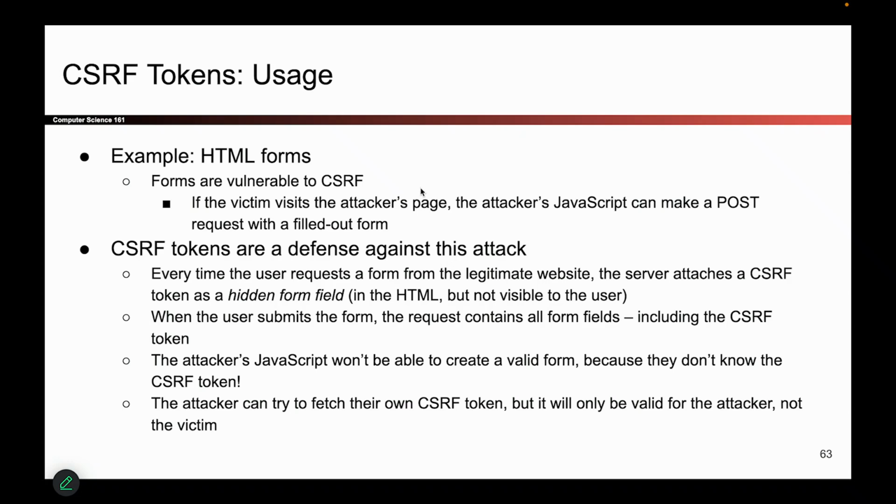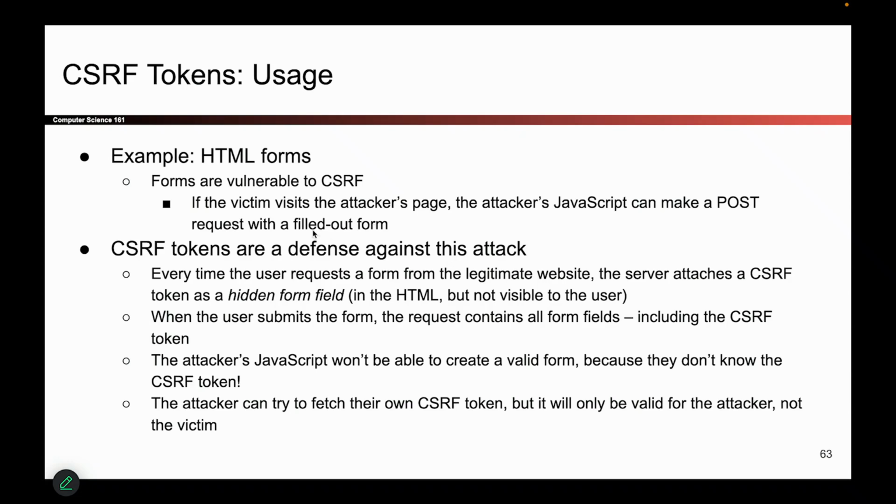Another example of a CSRF attack is filling out forms. So for example, if the attacker wants to get you to fill out a form with malicious data, maybe what they'll do is when you visit evil.com, if you're tricked into visiting evil.com, the attacker will write some JavaScript that automatically fills out a form with all the fields filled out maliciously and sends a post request with the form filled out.